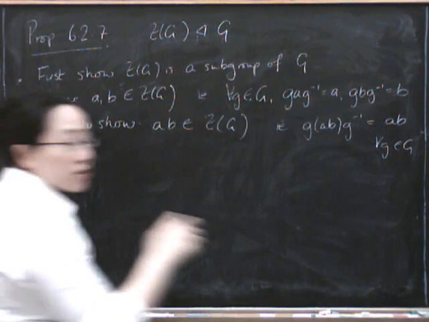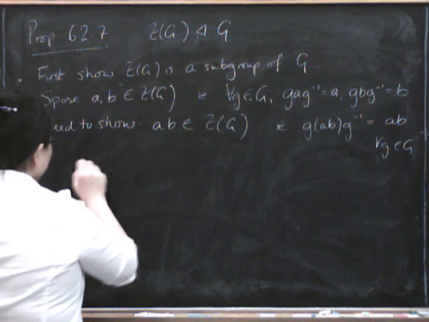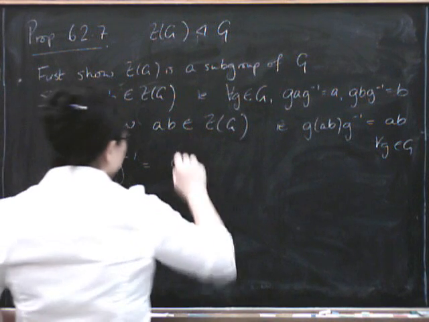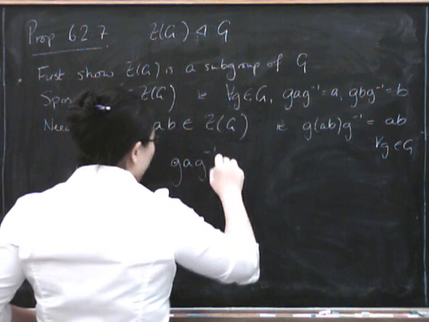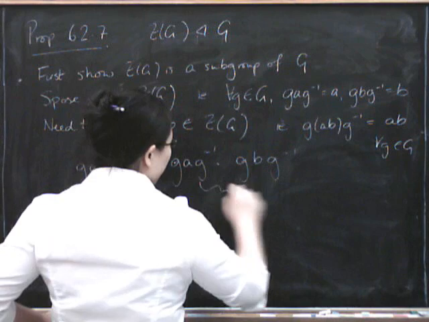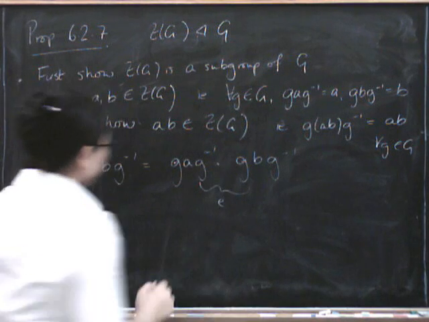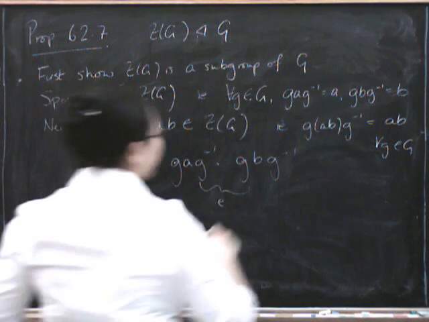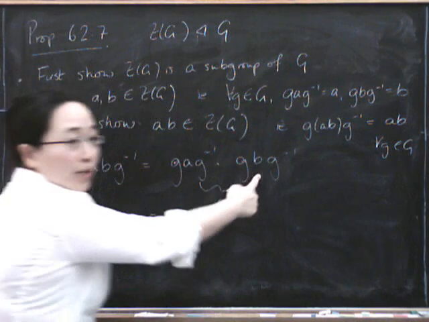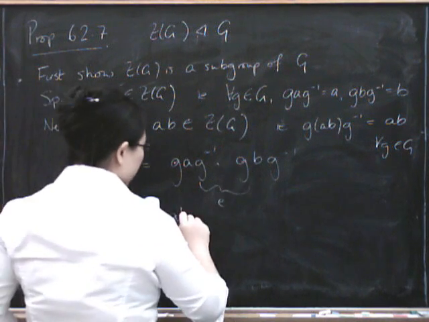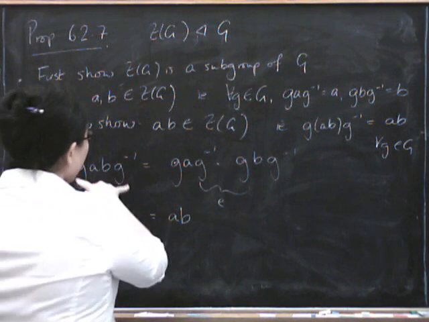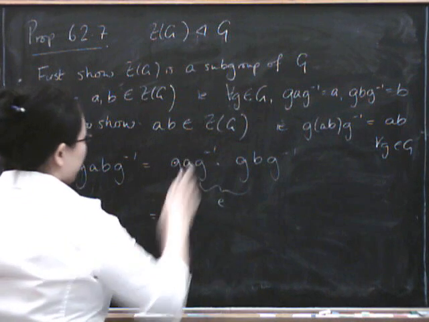We can do a moment of futility in the middle there. g ab g^-1 equals gag^-1 gbg^-1. So we have a little moment of futility here, which is why that's equal to that. But now, because a is central, we know that that's equal to a, and because b is central, we know that that's equal to b. So we have shown that ab is really in the center.